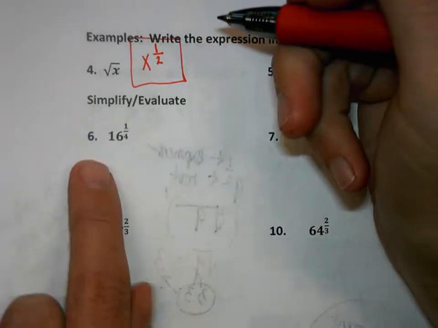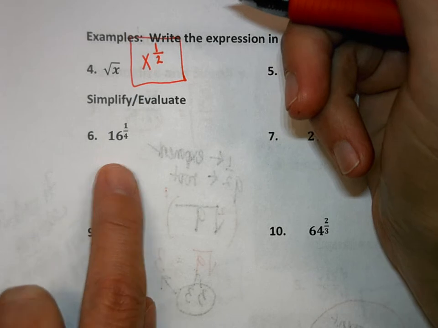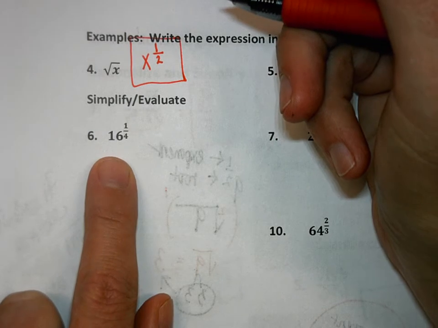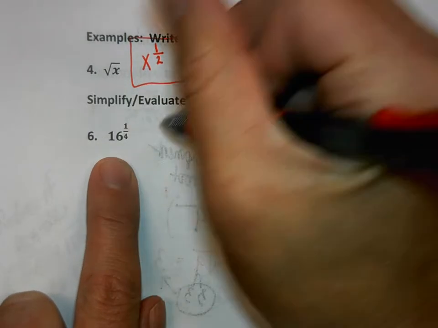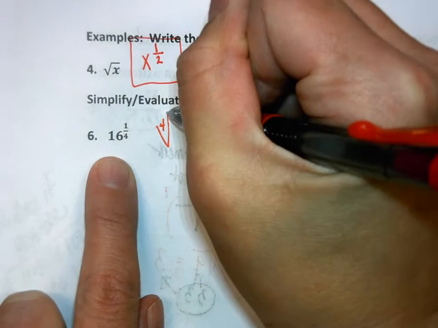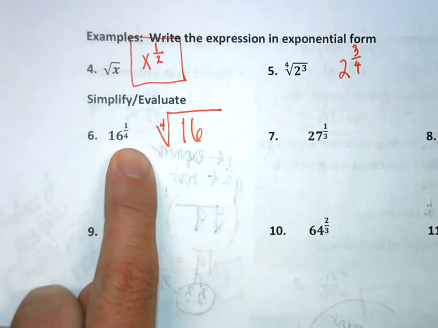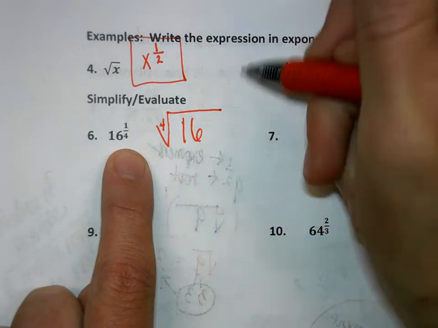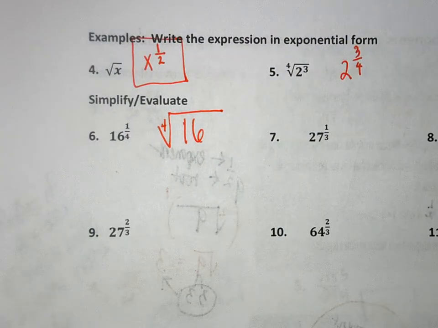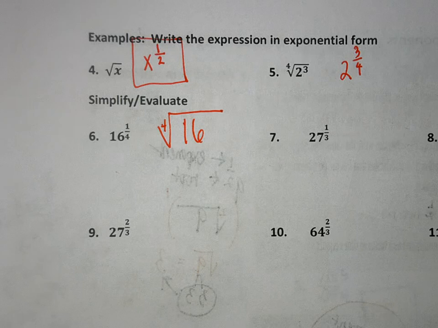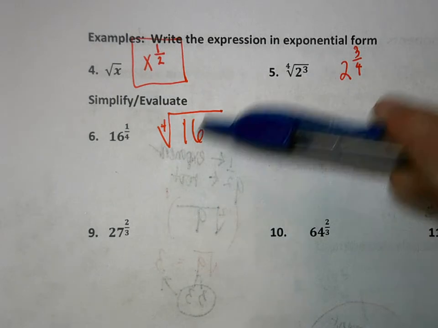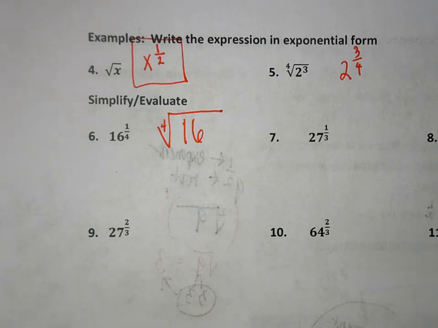What would be my index for number 6? So the index would be 4. It's a 4th root, because 4 is the denominator, of 16. I do not need to write this to the 1st power because it wouldn't change an answer. So anytime we have a 1 up here, we just have to write the root and we don't have to write the exponent.